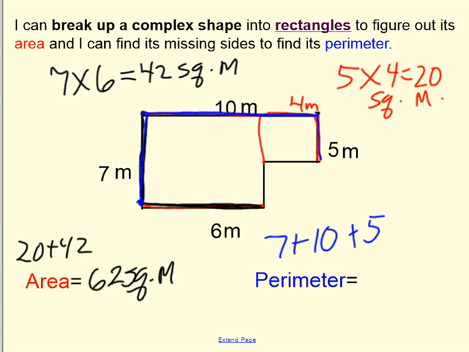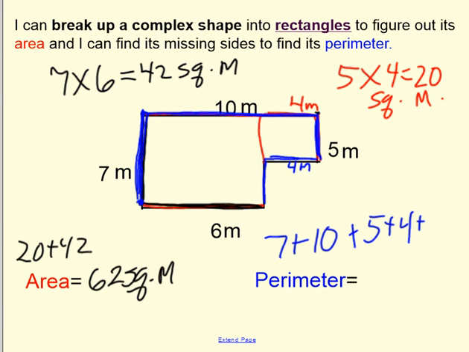But now they do not have this measurement labeled. But they know from figuring out the area that the opposite sides in rectangles are equal. So this is going to be 4 meters. And now they need to figure out this missing side. So we'll put that 4 in there for our perimeter. So what they can do is use the parts that they have. The opposite side, this is 7, and this is 5.